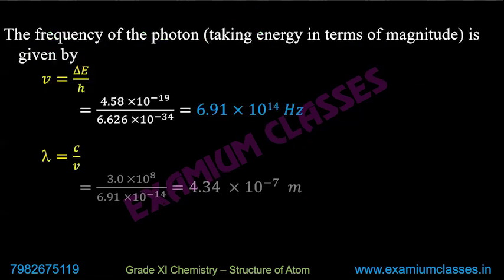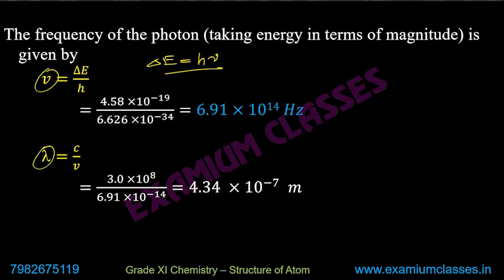Then nu equals delta E by h, because delta E equals h nu as per Bohr's model. From here you can calculate the frequency. Once you get the frequency, lambda equals c by nu, because nu equals c by lambda, and you get the wavelength.